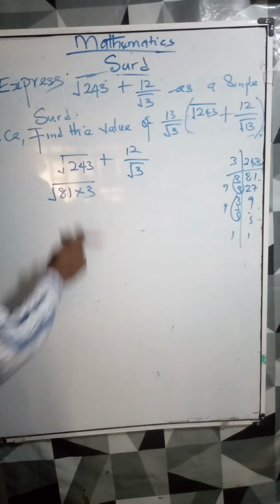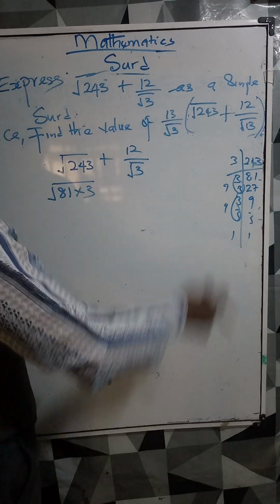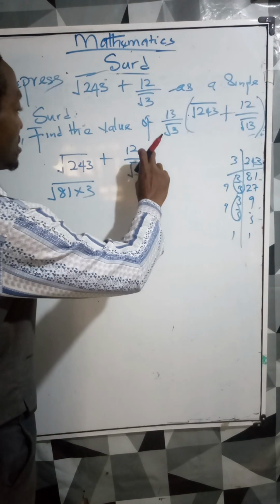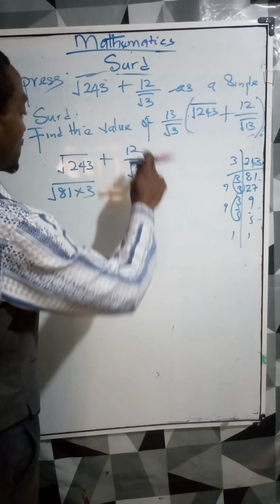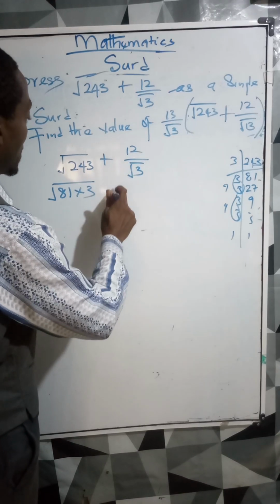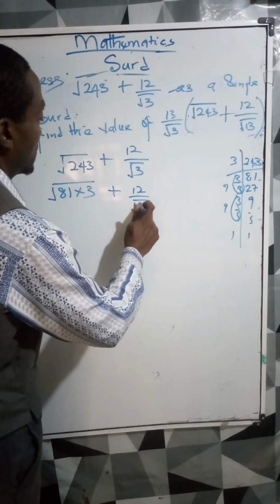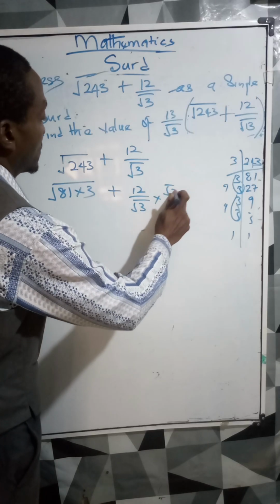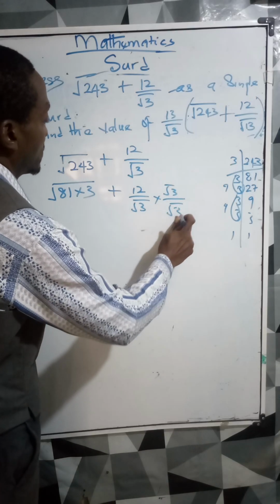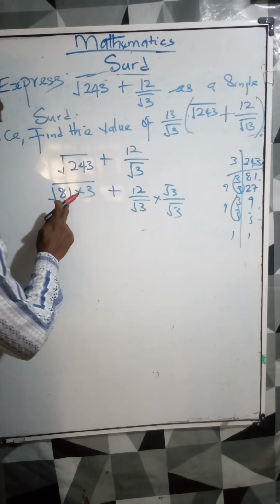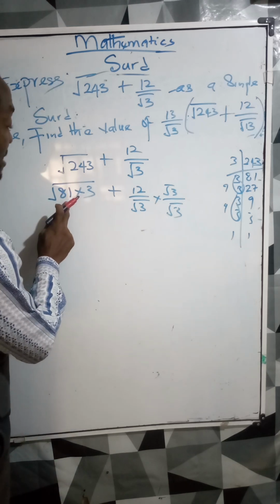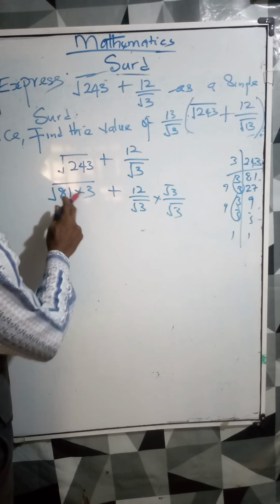This particular number is now a radical. Let's work on it by using this denominator to multiply the numerator and the denominator as well. So we say plus 12 all over root 3 times root 3 all over root 3. Let's work on it. So 9 times 9 is 81, so this one has a perfect square.